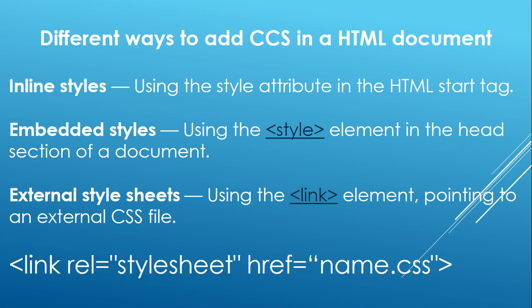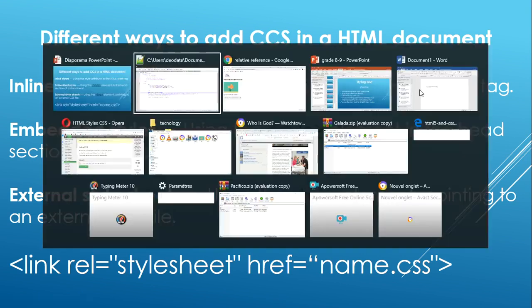So then let's go ahead and show you how to do these three ways to add CSS in an HTML document. We're going to start with the inline styles. It is not recommended, but I'm going to show you how it works. Remember, we're going to use the style attribute in the HTML start tag.